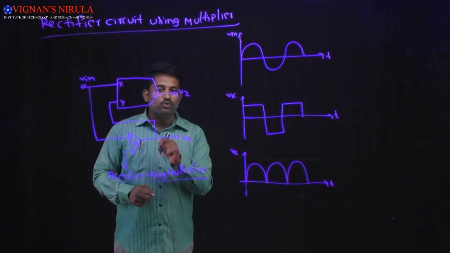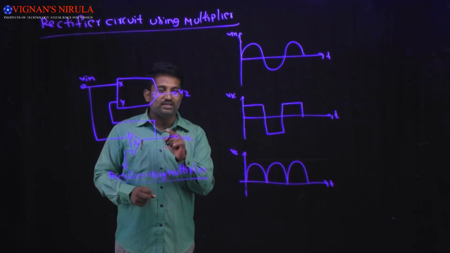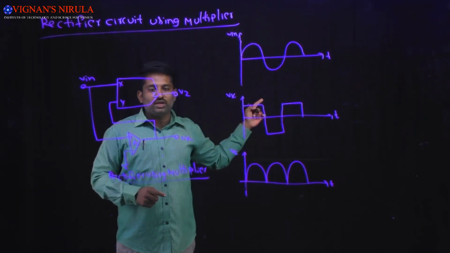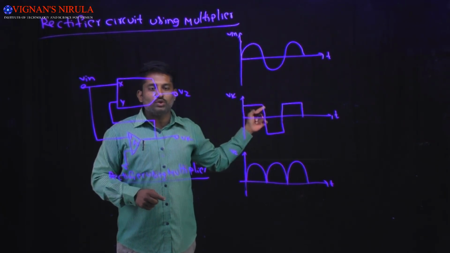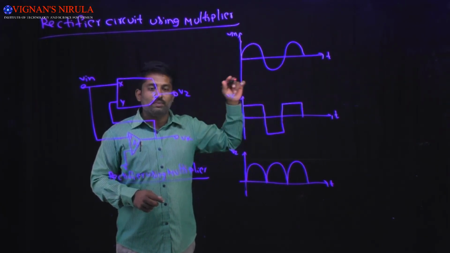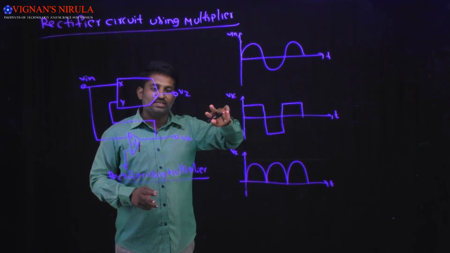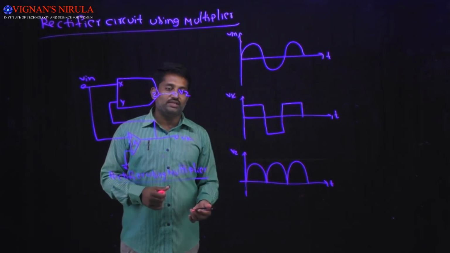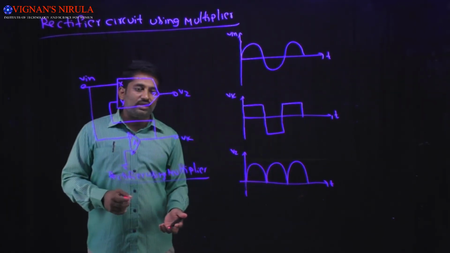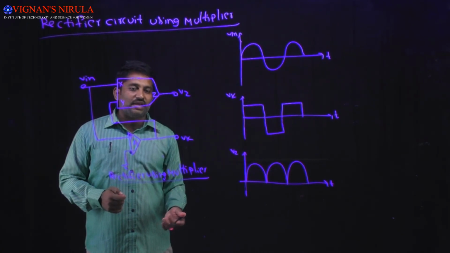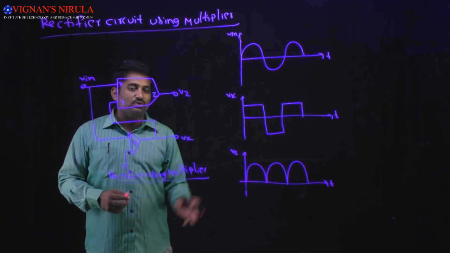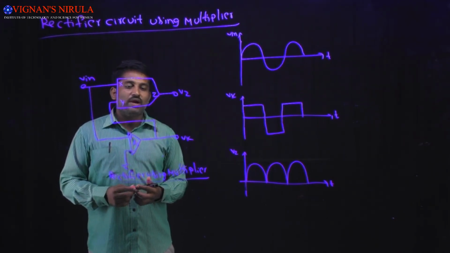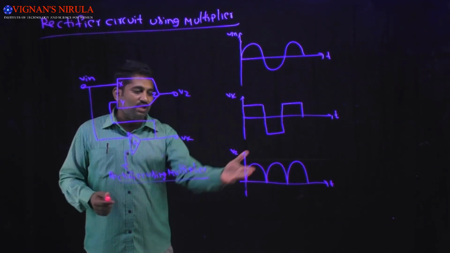In a 4-quadrant multiplier, when both input polarities swing positive, or both swing negative, the output voltage is obviously a positive polarity. Like this, the output voltage of the multiplier is always a positive value. That's why we call it an absolute value circuit. By using this circuit, we generated the full wave rectifier.